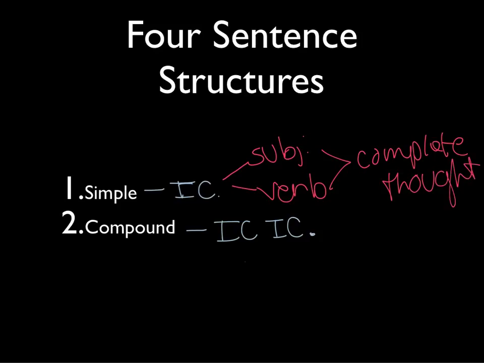A compound sentence is 2 independent clauses, so 2 complete thoughts that could stand by themselves, and they are joined by 2 different things, either a semicolon or comma FANBOYS, which is the coordinating conjunctions, and remember those are for, and, nor, but, or, yet, and so.